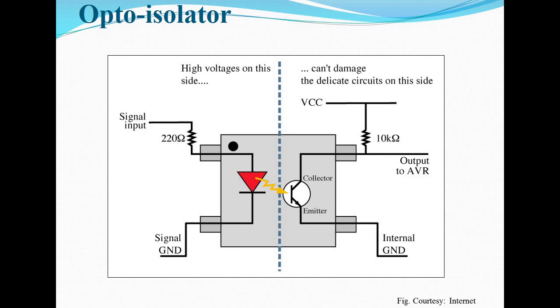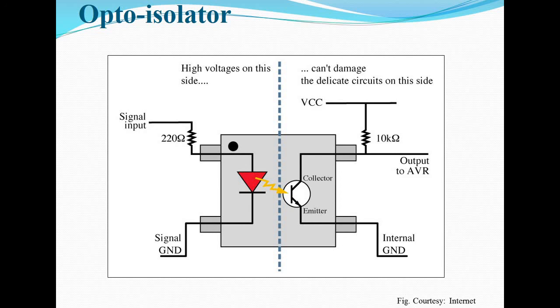With increasing light intensity, the reverse current in the transistor increases, since the reverse current in a transistor is linearly proportional to the intensity of the light falling on the transistor junction. So if we decrease the intensity of the light at the input, the output photodiode current or the transistor current will decrease.